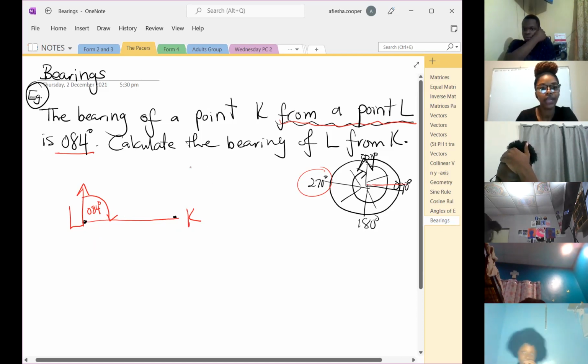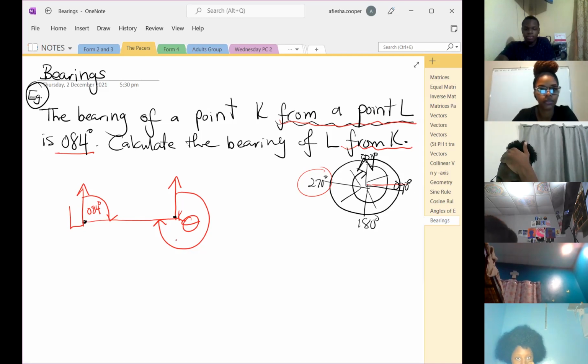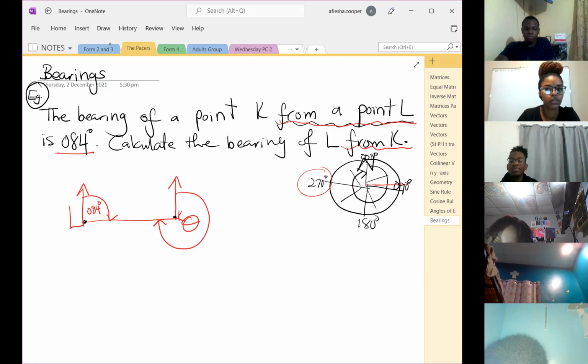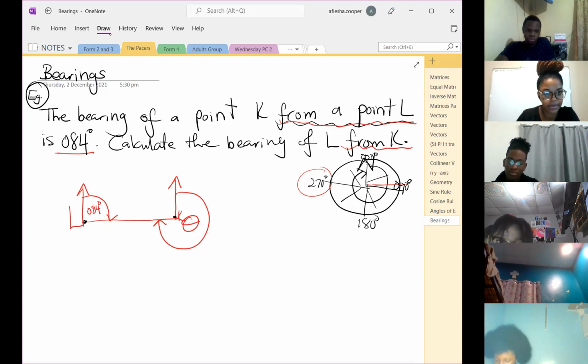Right, so now they want the bearing of L from K. So now we're going to create our north line at K and we're going to go clockwise and touch back the LK line. So we want inside of here. How to work out how much is that? Any ideas?